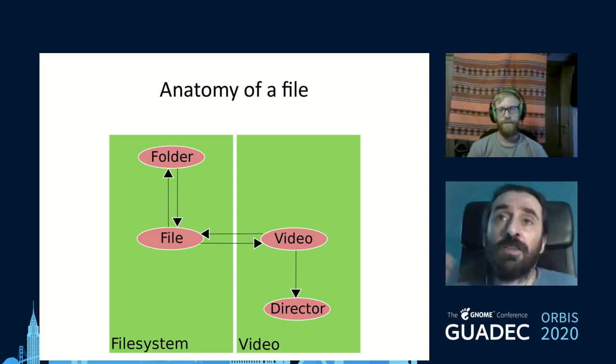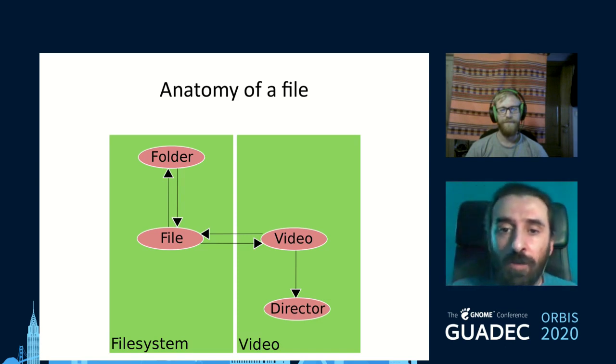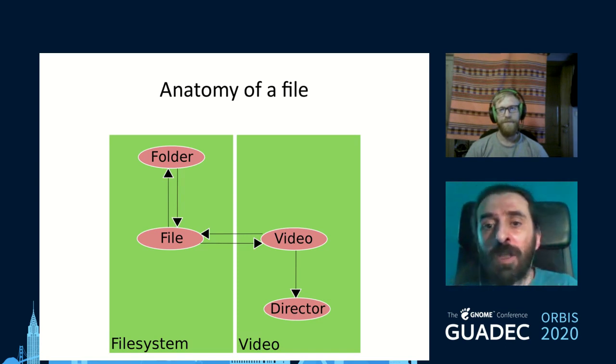So you say A is B, so that would be one triple describing one interaction, and you add more and more and more, and you get a graph of things. So here is a simplification of the file, and you can imagine the graph sprawling in every other direction, and the file having different properties and pointing to other nodes and whatnot, also the video thing.